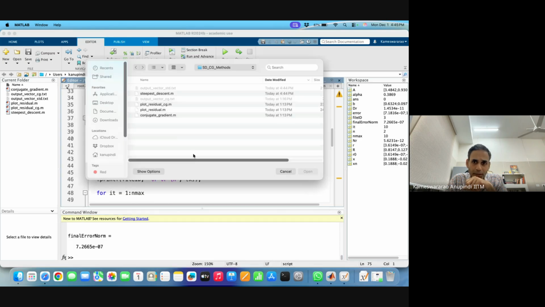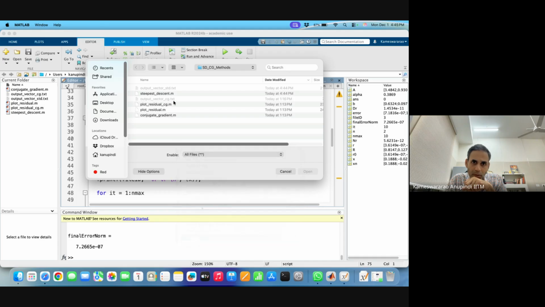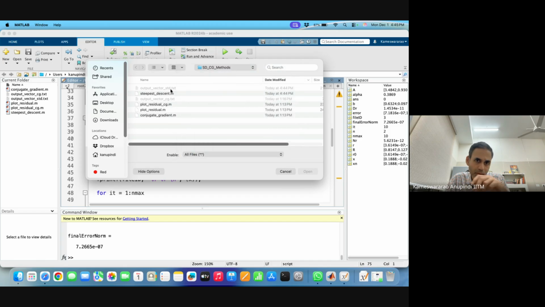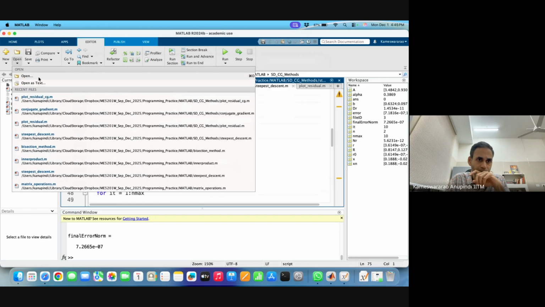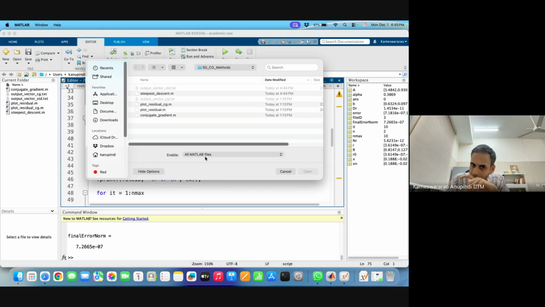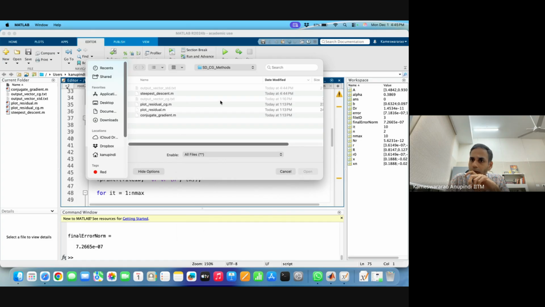Let me open that file. Why is it not able to open this? I don't know why it is not opening this.